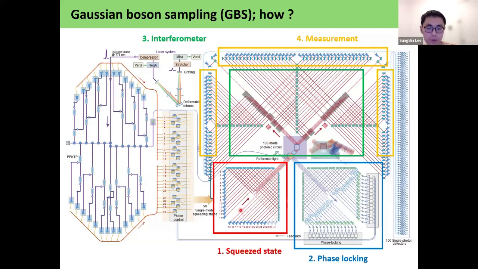They first created squeezed states with this kind of architectural layout. They lock the phase of the squeezed states and insert them into these beam splitters. So you insert them into this interferometer, and you measure the outcomes in the single photon number basis. So that's the very general layout.